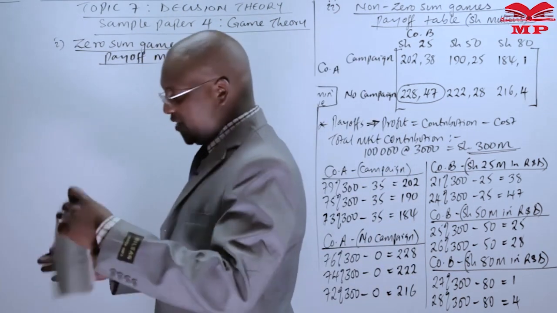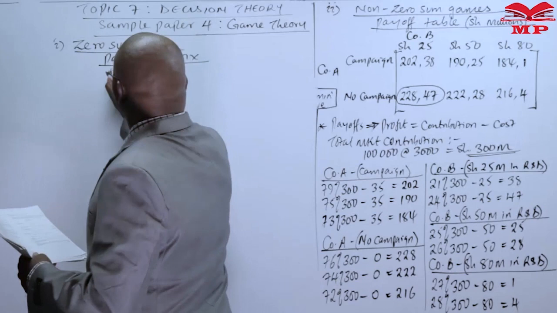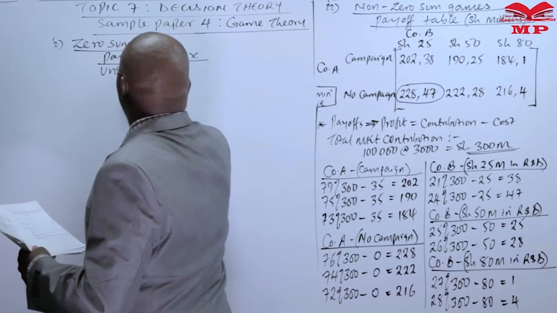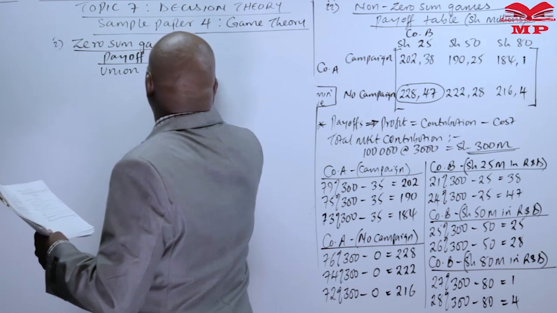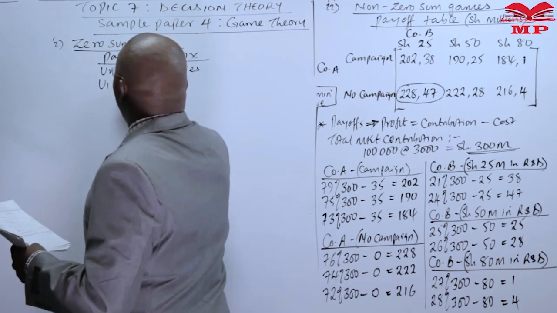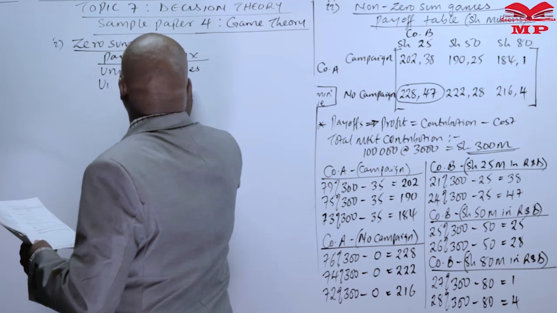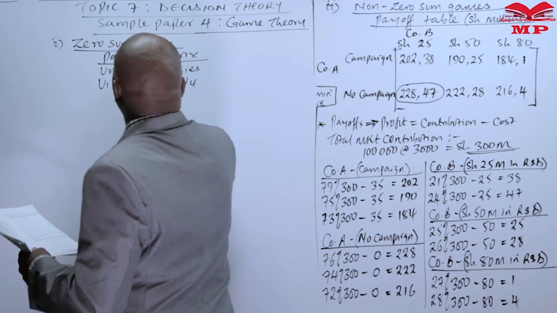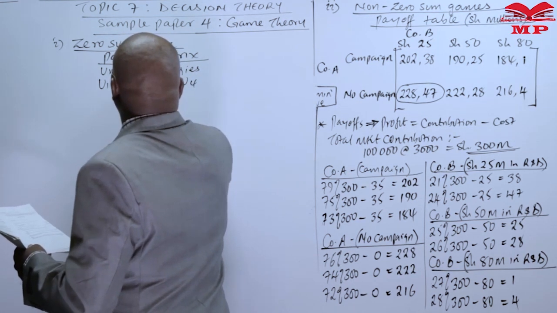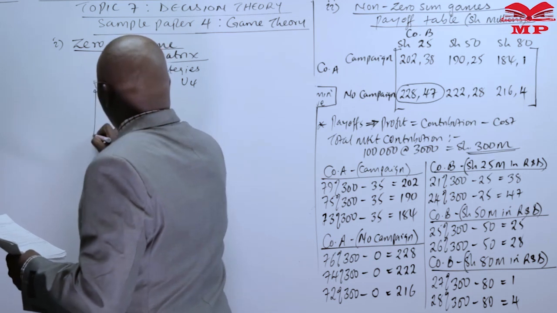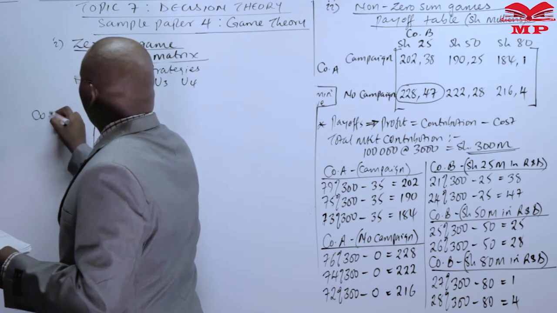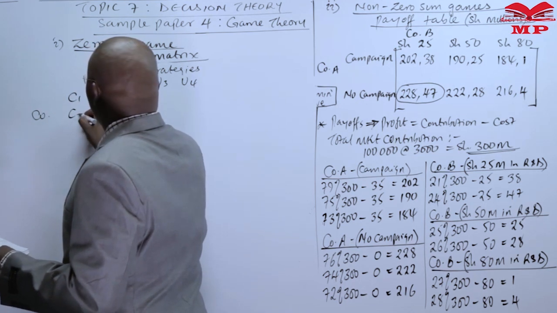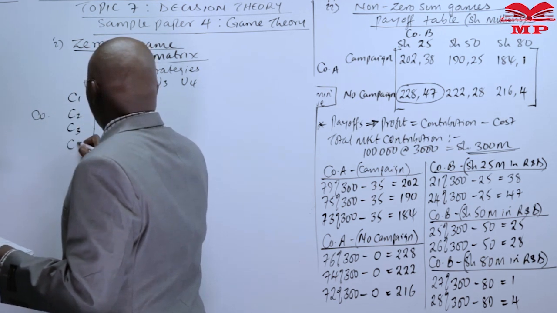In the payoff matrix here, we have the workers' union strategies U1, U2, U3, and U4. And then we have the company, which has C1, C2, C3, and C4.